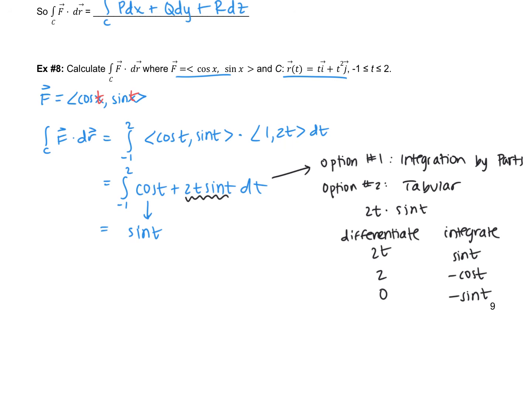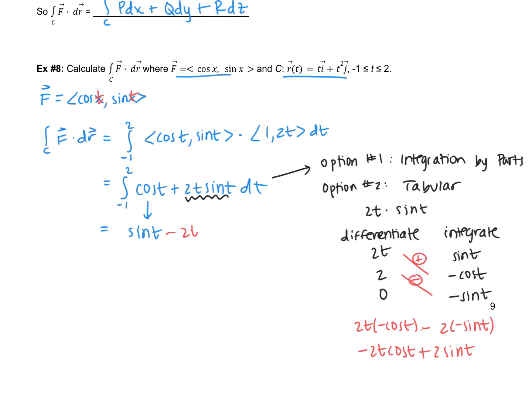So here's how it works then. We go on a diagonal, opposing signs. So you start with adding, and then you're going to subtract the next. So this ends up with 2t multiplied by negative cosine t, and then we are going to subtract 2 times negative sine of t. So that gives us negative 2t cosine t, add 2 sine of t. So that is the rest of our integration.